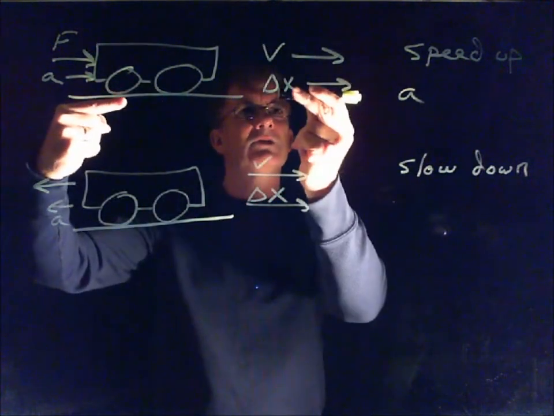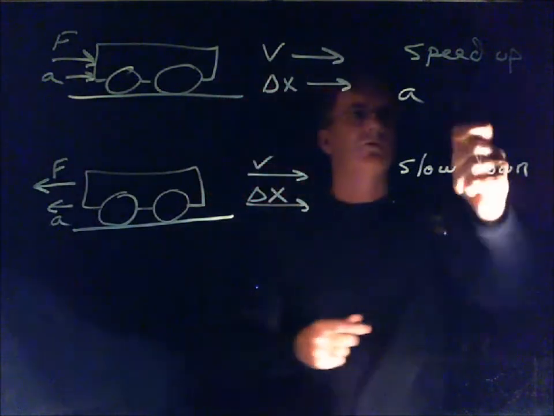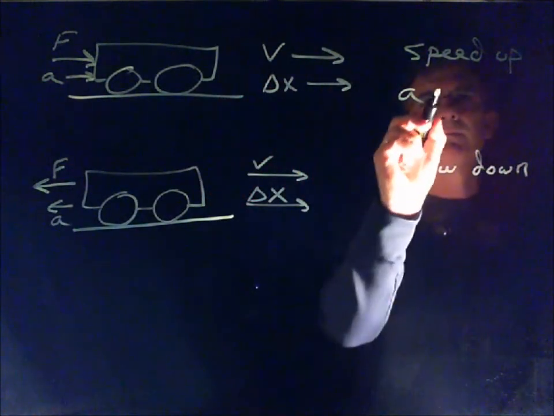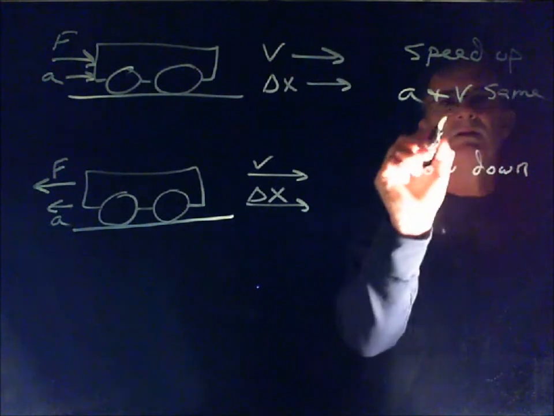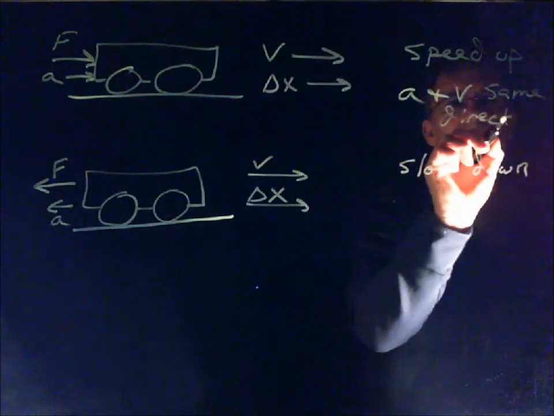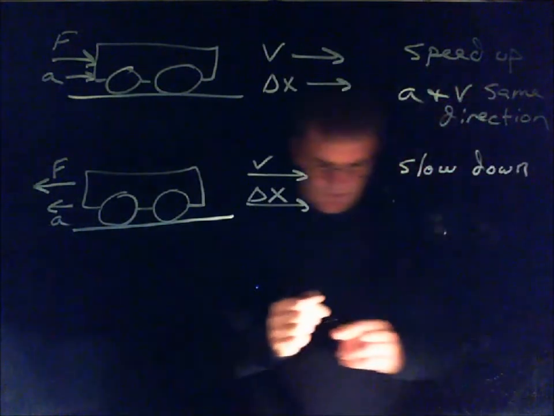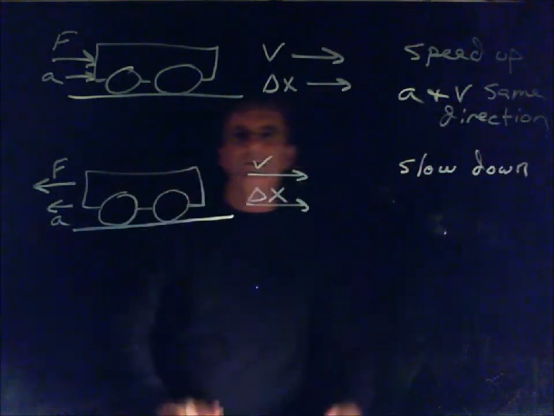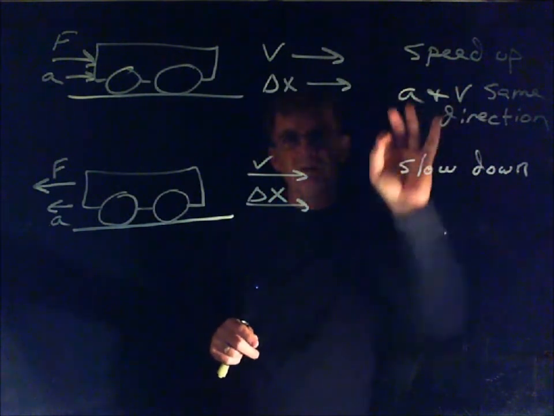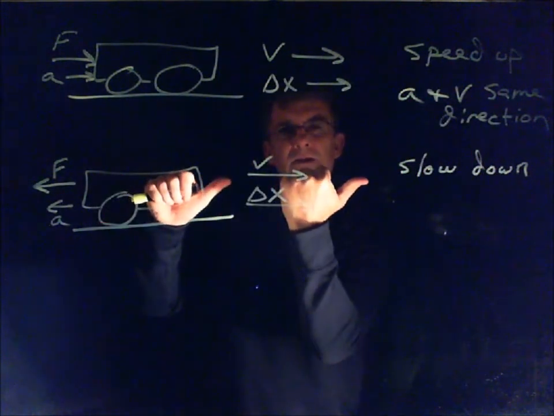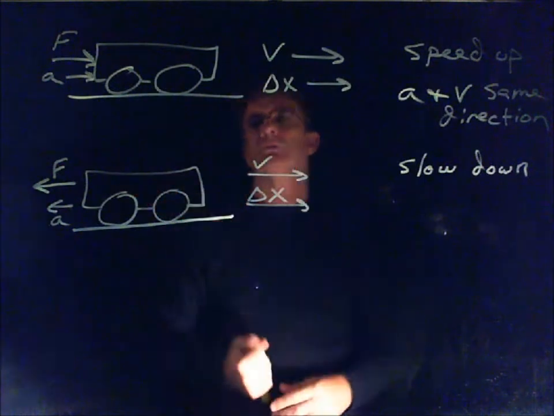And when acceleration and velocity are in the same direction, it's going to speed up. A and V, same direction. Whether acceleration and velocity are both positive, whether they're both negative, it doesn't matter. The object will speed up. It'll go faster in the positive direction, or it'll go faster in the negative direction.